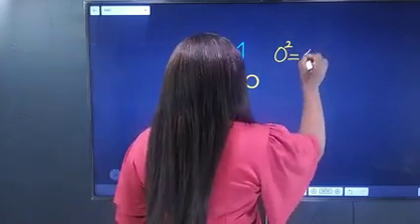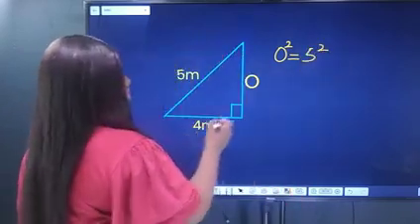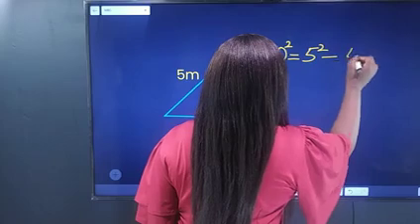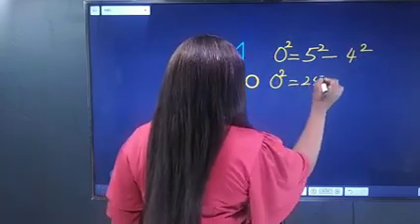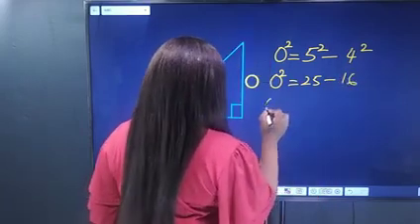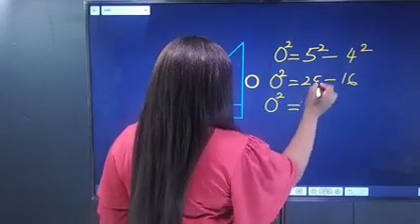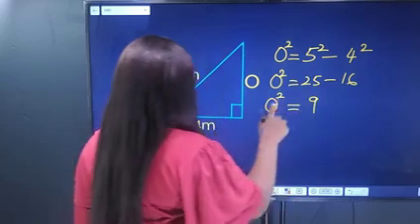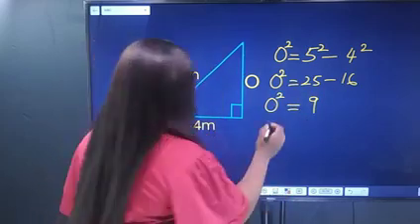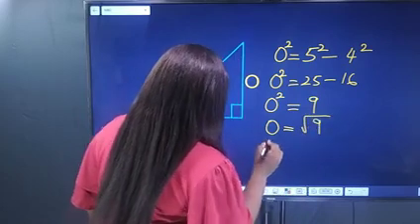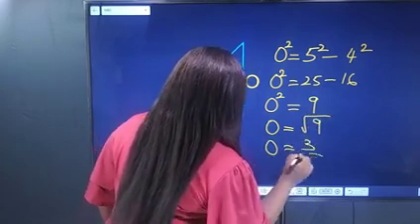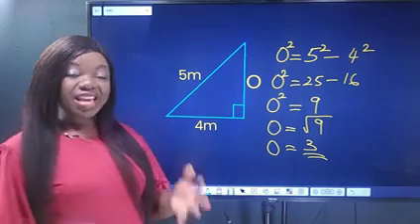That is the square of 5 minus the square of 4. So that will give us 25 minus 16. And the square of the opposite side will be equal to 9. The square goes to the other side, it becomes square root. So O equals the square root of 9. And O equals 3, because 3 times 3 is 9.